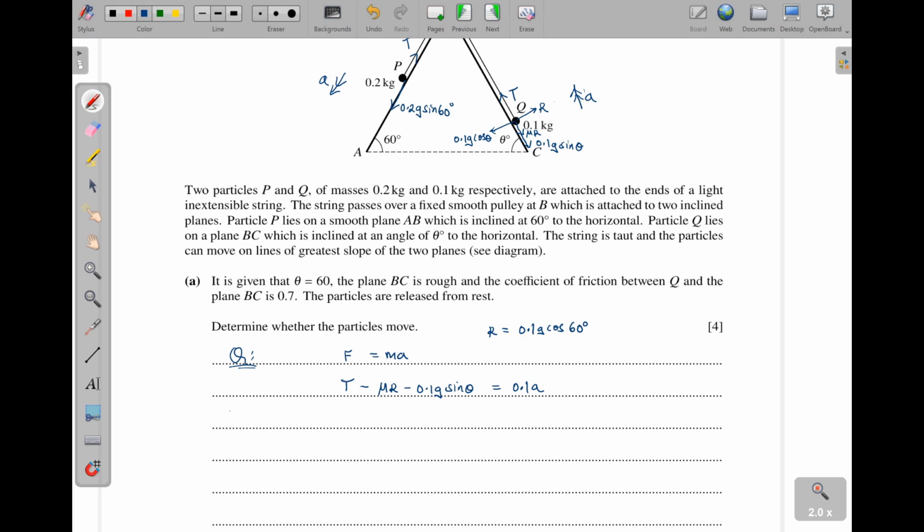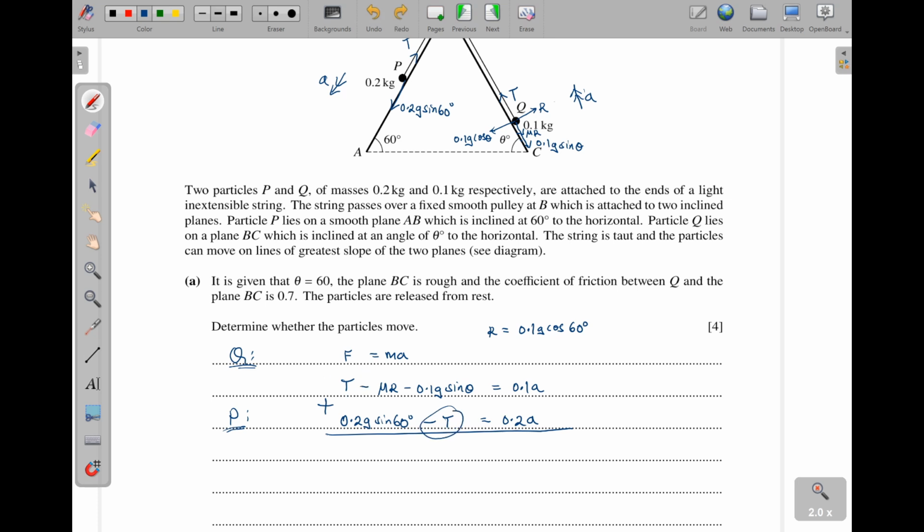For P, since it is going down, the mg sine theta is bigger than the tension. So 0.2 g sine of 60, then minus T, is equal to 0.2 A. To get the acceleration, I add this to the other equation so that I eliminate the tension, because one is positive and the other is negative.